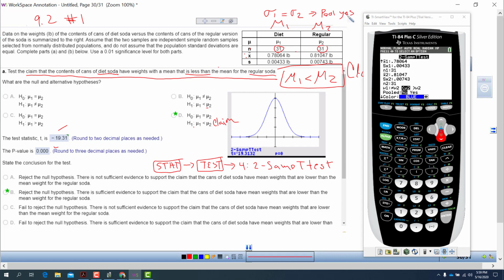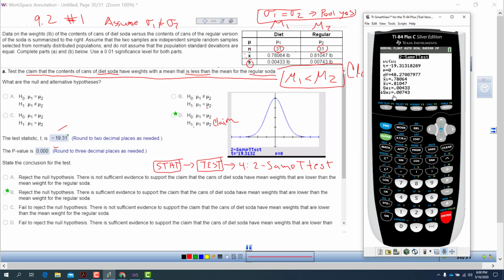But for this chapter, we don't have any situation like that. So we assume here that the population standard deviation of the first population is different than the second one. This is sample one, this is population. So we always select no, and then we can calculate.